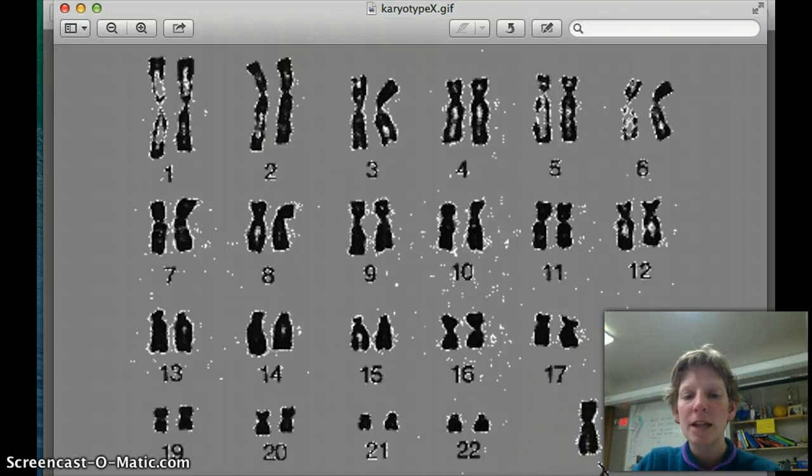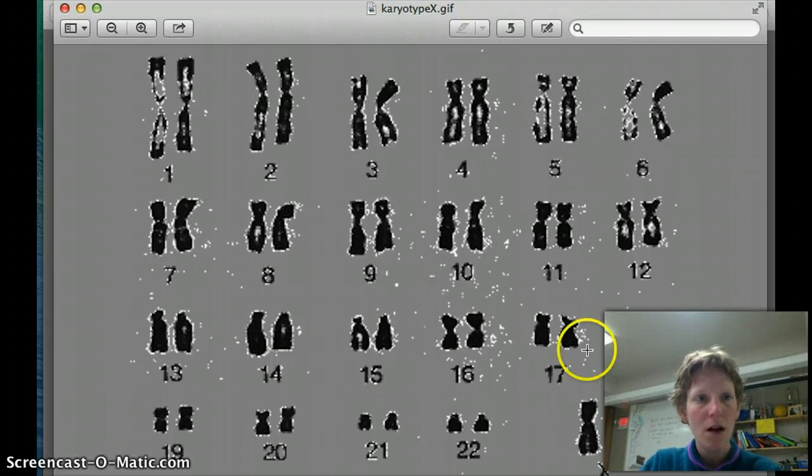You'll notice that there's an X, and that's because these are the chromosomes that are associated with gender or sex. Given that there's just an X here, this designates that this entire set of chromosomes is for a female, or a girl. If you had one X and one Y, then it would represent a male.